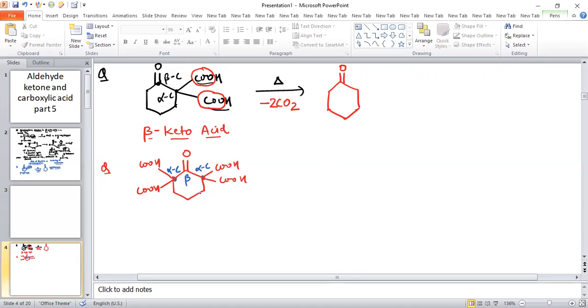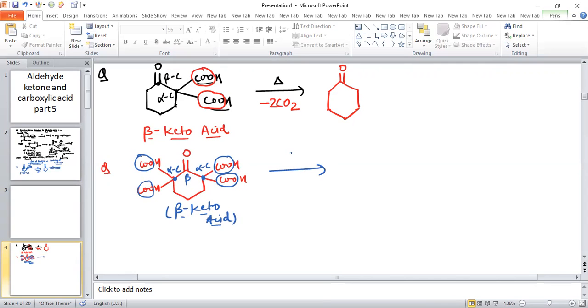So this compound is also a beta keto acid. CO2 gas will be removed from this position and also from this position and also from this position and also from this position, because this keto position is at beta with respect to all the carboxylic acids.